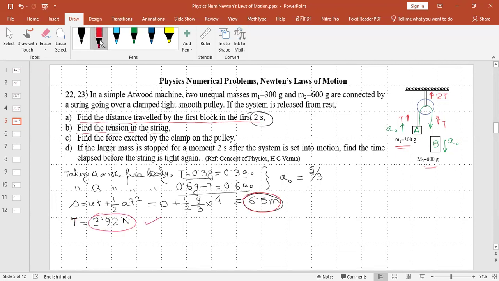This is also found. Next question is, find the force exerted by the clamp on the pulley. The force exerted by the clamp is 2T.